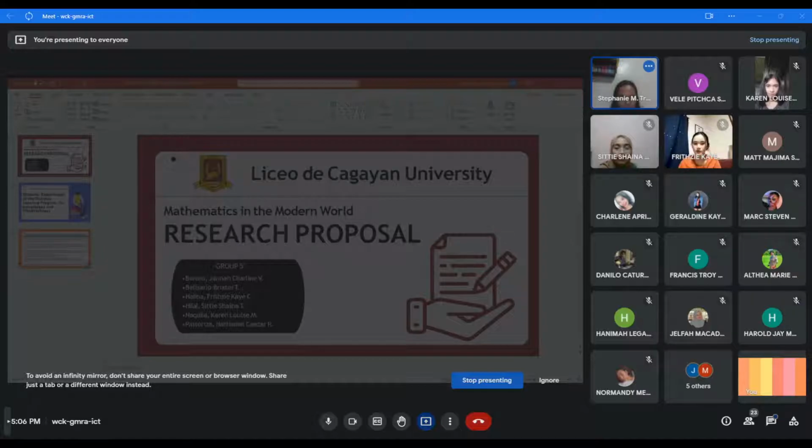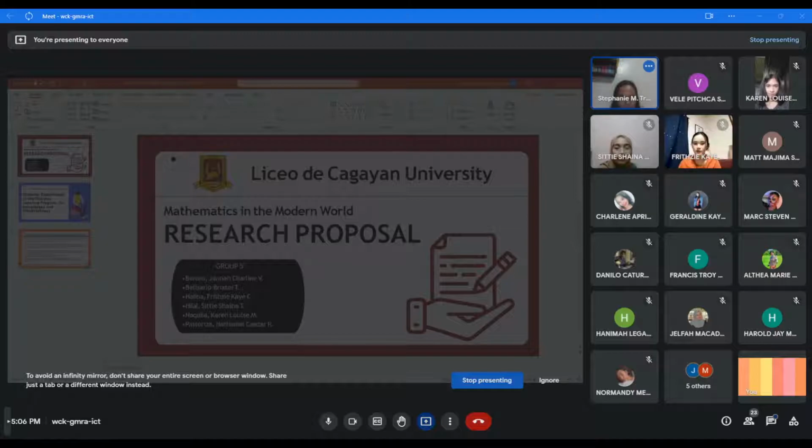Second, assess the impact of distance learning on the academic performance of college students enrolled in Liceo de Cagayan University for the school year 2021-2022. Third, determine the disadvantages of distance learning based on student experiences.